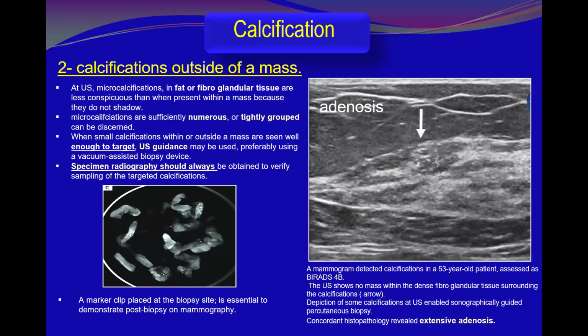Okay, when small calcifications within or outside the mass are seen well enough to target, ultrasound guidance may be used, and preferably using a vacuum-assisted biopsy device. For calcification, it is preferable to use the vacuum, okay, to take the whole lesion.